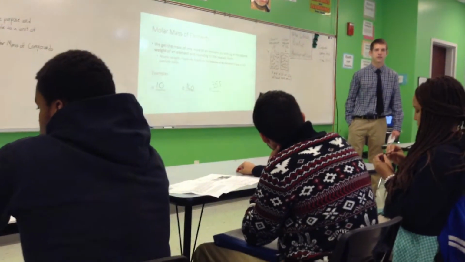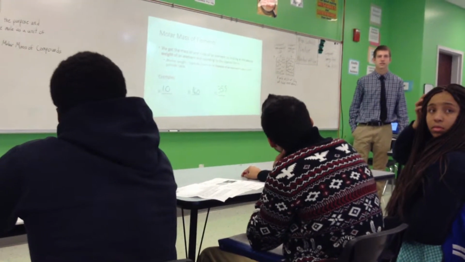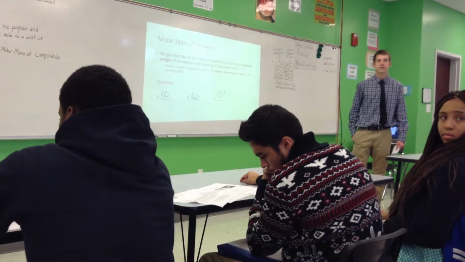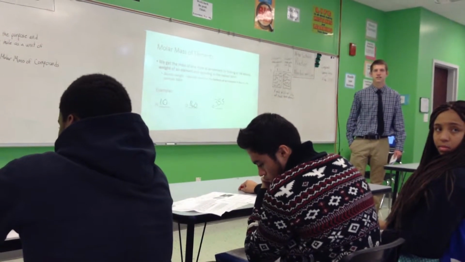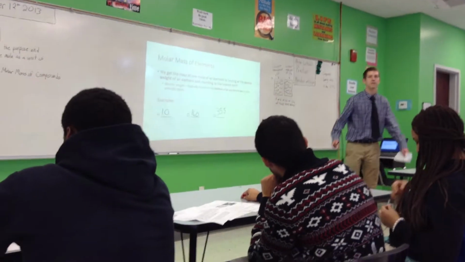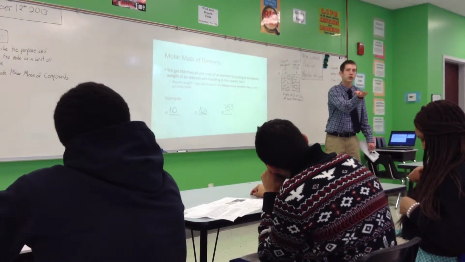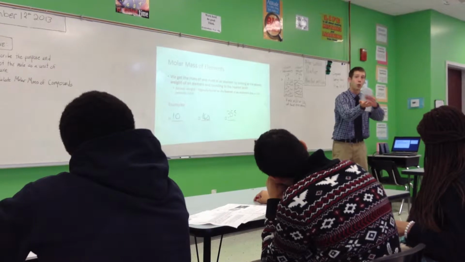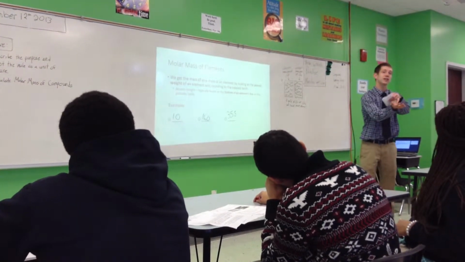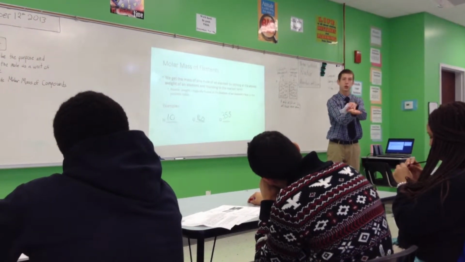So for 35.5 grams of chlorine, if I had that sitting in my hand and counted up the number of atoms of chlorine, I would have 1 mole, or 6.022 times 10 to the 23rd. That's what that would mean? That's what that would mean. Yes, if you had 1 mole of chlorine in your hand, it would weigh 35.5 grams, and you would have 6.02 times 10 to the 23rd atoms of chlorine.